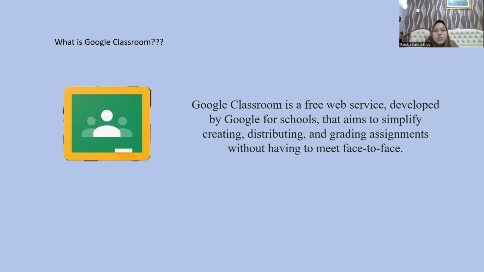You can choose one of them. Fifth, fill in the class name, section, subject, and room. Sixth, after the class is created, Google Classroom will automatically generate a class code. You can share this class code with students so they can join the class.